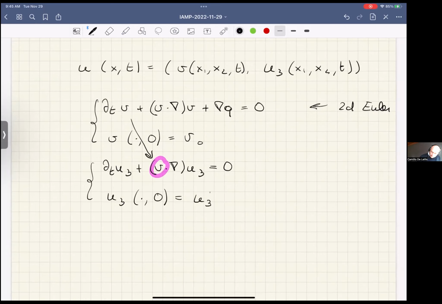Let me just say this one is U3 initial. Now, of course, I am introducing a force. I'm actually going to introduce a force only here. The reason why I'm introducing a force only here is that I want to make U3 responsible for anomalous dissipation.